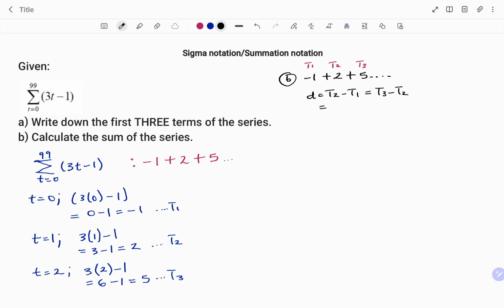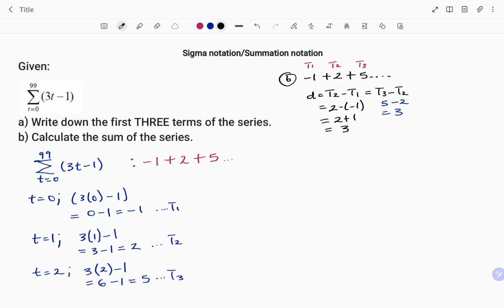So therefore, we have t2 minus t1, that will be 2 minus (minus 1), and that will give us 2 plus 1. Therefore, our D is 3. A quick check will be t3 minus t2 to show that the difference is common. So we have 5 minus t2, which is 2. This will give us 3. So therefore, our common difference D is 3.